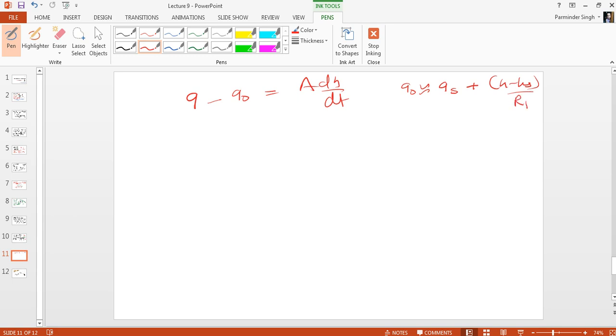So upon substituting, we have q minus qs minus h minus hs by r1 equal to A dh by dt, or can I write dh as d of h minus hs, because obviously dhs by dt is 0. So A dh by dt or A d of h minus hs by dt is the same. And what are these things? These are deviation variables.